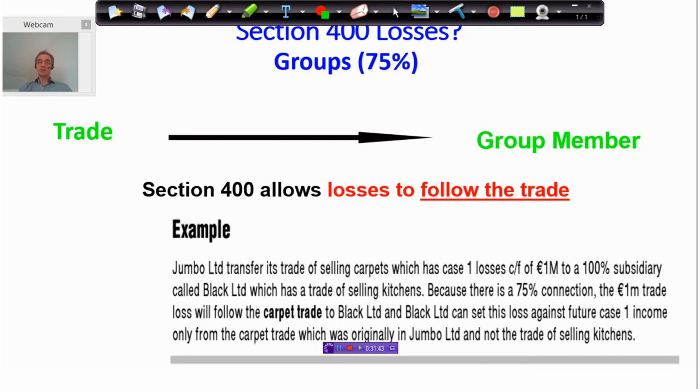So in essence, no particular restriction there, save for the fact that we need to ensure that the losses that are being transferred with the trade are utilized only against that old trade rather than the trade of selling kitchens. So that's one of the tax breaks for group companies.